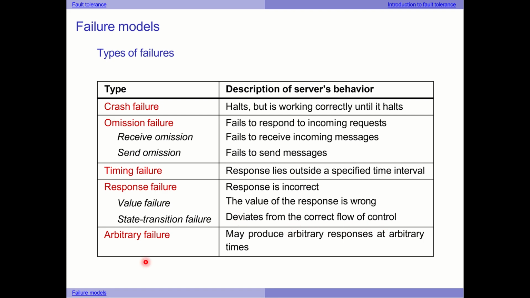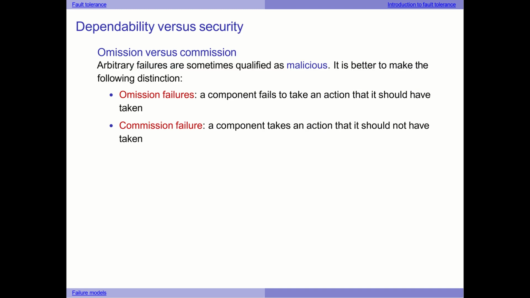Finally, we have arbitrary failure, also known as Byzantine failure. Under arbitrary failure, the servers may produce arbitrary responses at arbitrary times, but which cannot be detected as being incorrect.